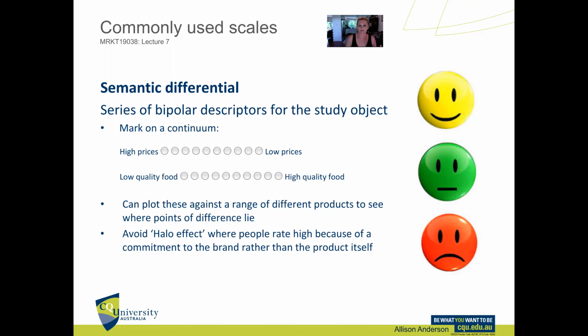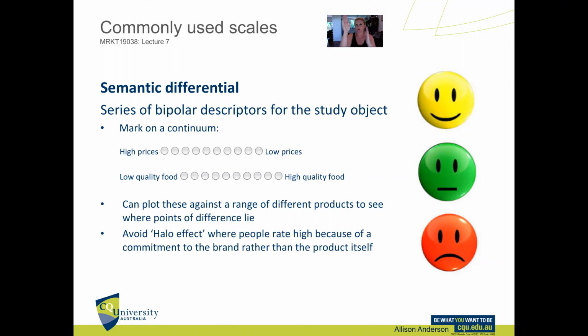High prices on one end, low prices on the other, tick where you think this falls. Low quality food, high quality food, tick where you think this falls. You can plot these against a range of different products to see where the points of difference lie. If you do this for a whole bunch, with all the positives down one side and all the negatives down the other, you can plot them with different colours for the different businesses you're comparing, and see critical points.